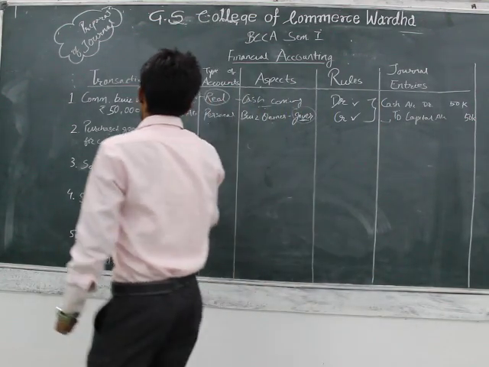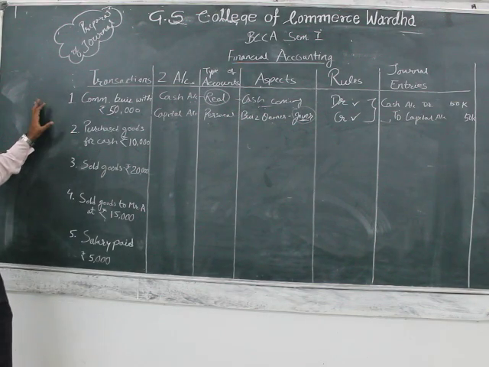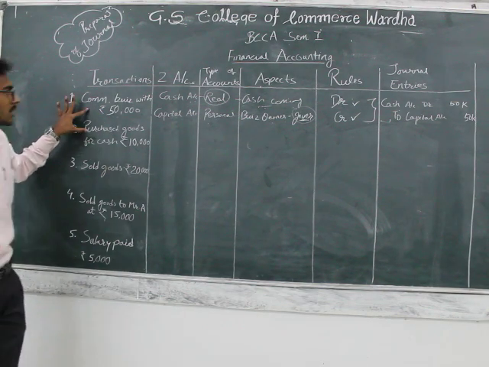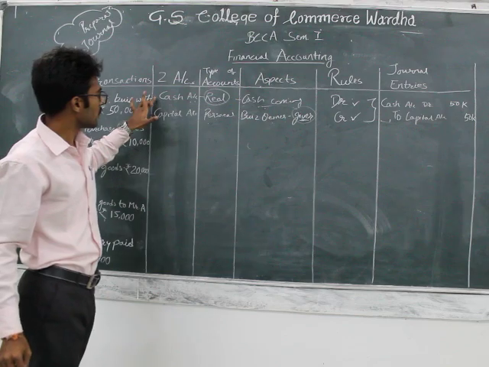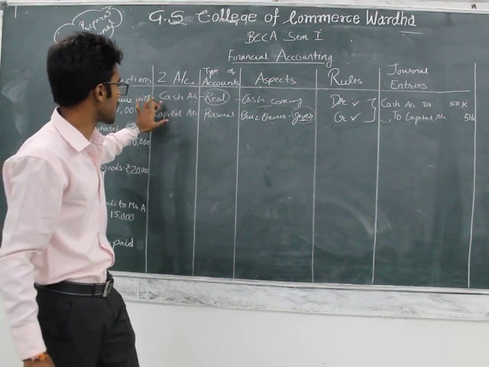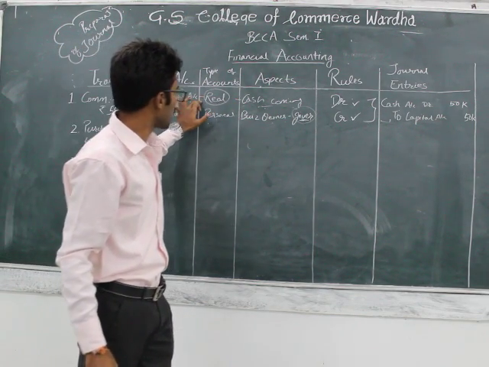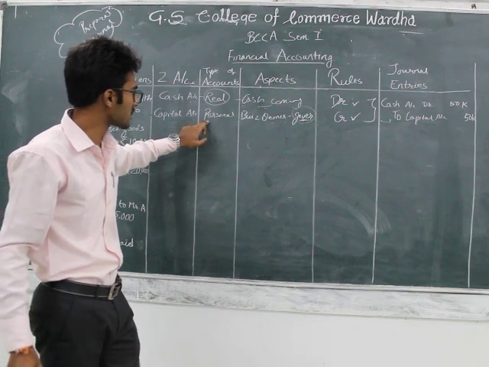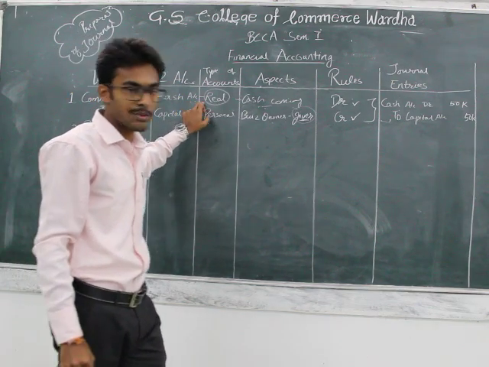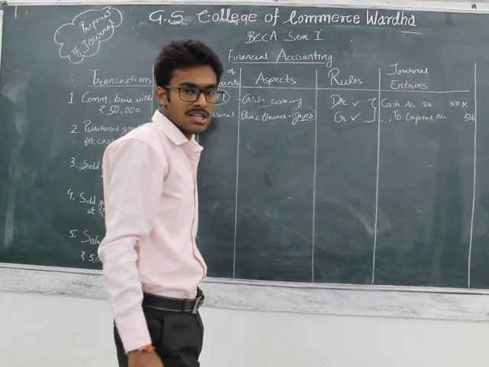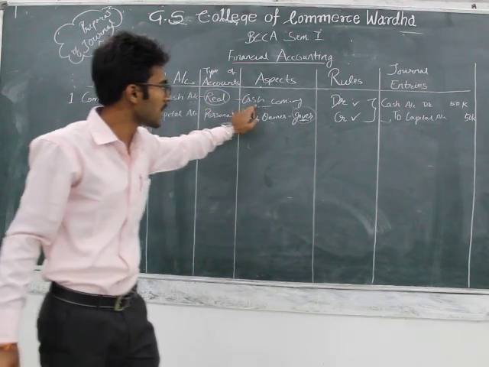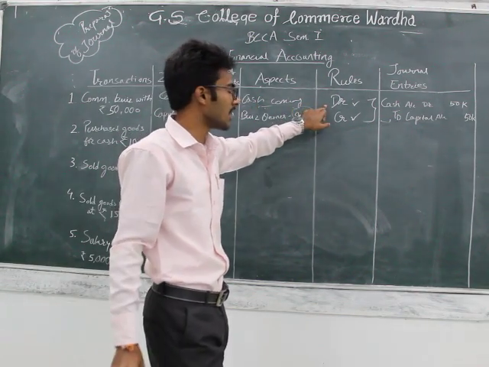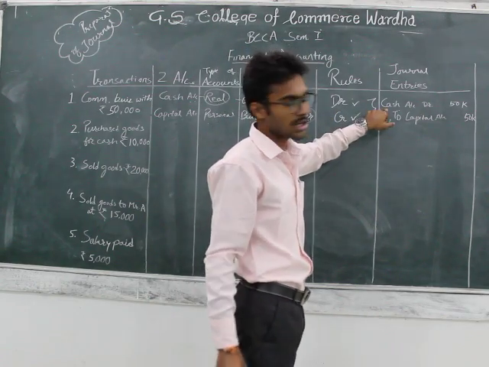Again, the business owner has commenced business with rupees 50,000. We have two accounts in this transaction, cash account and capital account. The types of accounts involved here are a real account and a personal account. The real account's golden principle says debit what comes in, credit what goes out. Cash was coming in, that's why we have debited the cash account.